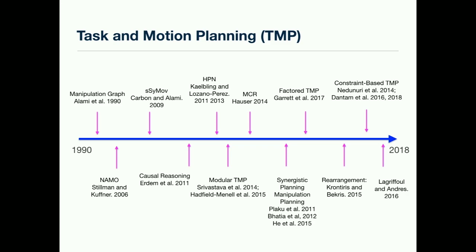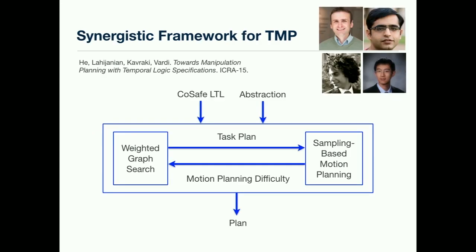It's not only us who have been working on this problem. I think this is a problem that has been looked at by many, and it is considered a challenge at this point. We have, in the lab, worked on it as a framework called the Synergistic Framework for about 8 years. Erion Plakou, Amit Bhatia, Morteza Lahijanian, and Kilian He have made contributions in this, and this is how it goes.